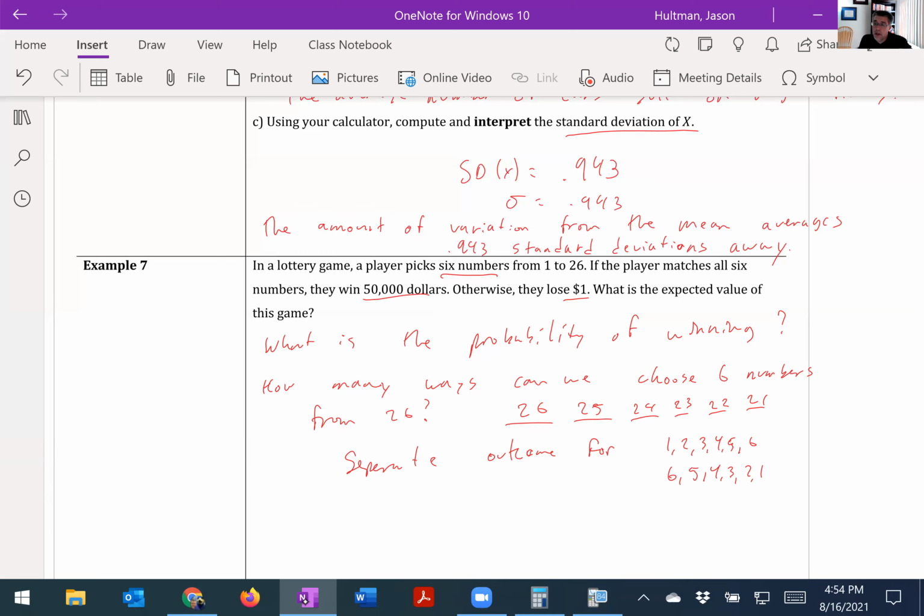But how many ways could I choose 6 items? If we're going to say these are the same, then I have to divide out the repeats, the repeated values. I could choose the same 6 numbers, but in a different order.